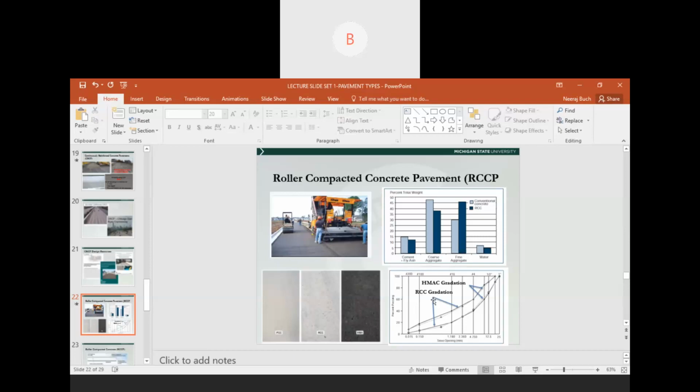And the bottom right picture shows you the gradation distribution of the aggregates in roller compacted concrete as compared to hot mix asphalt concrete. And you will notice that the gradations are very similar for roller compacted concrete and hot mix asphalt concrete.